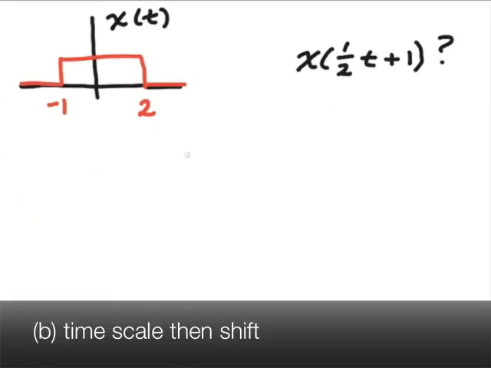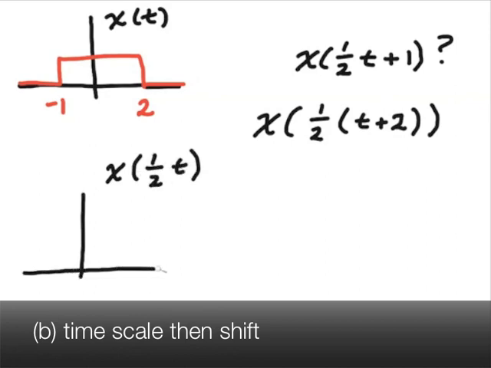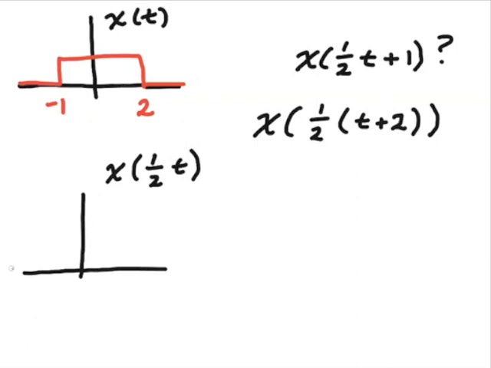Now let's find the answer by doing the scaling first. So we'll now write x of 1/2 t plus 1 rather as x of 1/2 t plus 2 in parentheses. This is showing the time scaling first. So first we'll find x of 1/2 t, and that will be a pulse between -2 and 4 seconds.